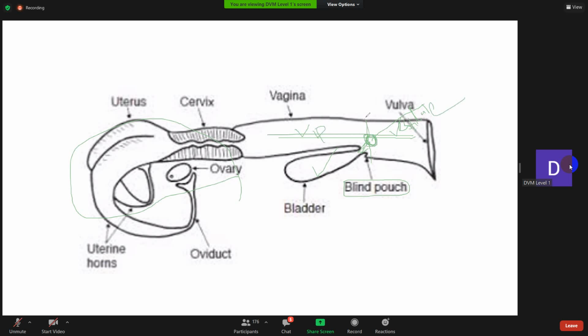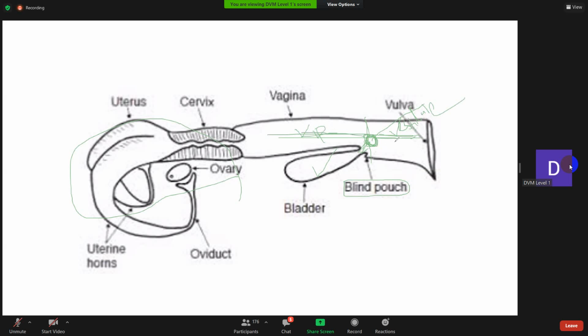This orifice is the demarcation between the vagina proper and the vaginal vestibule. Inside is the vagina proper, and the outer part is the vaginal vestibule. So the cranial part is the proper, and the caudal part is the vestibule. If you find the orifice here, then inside, the cranial part is the vagina proper, and the caudal part is the vaginal vestibule.